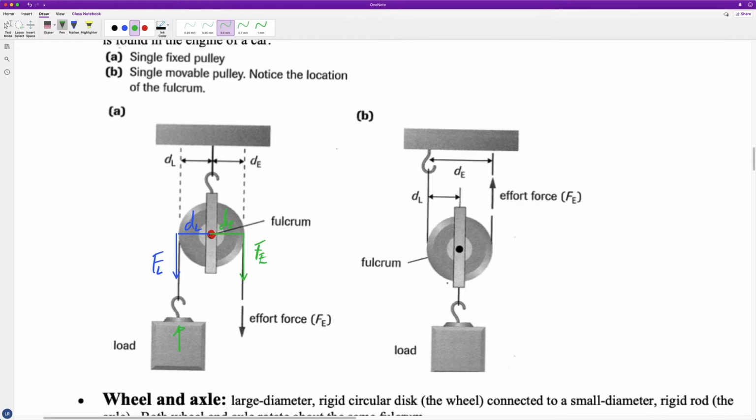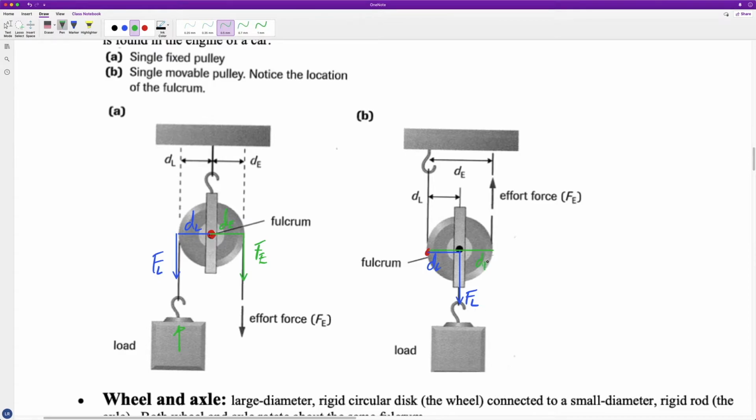In this particular configuration, we actually do have a mechanical advantage. And let's take a look. Now here, in this case, this is the fulcrum. The reason is that when we lift here, the whole pulley itself is going to slide up when we do this. So that is the distance of our load, and this is the force of the load, so how much weight it has.